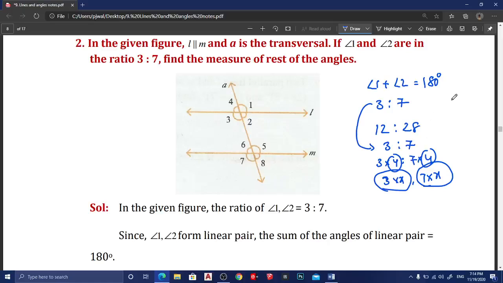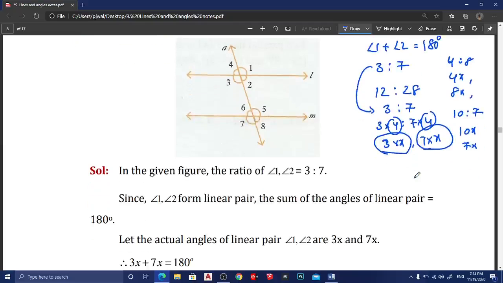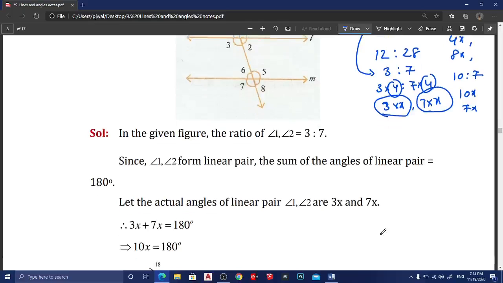For example, 4:8 is given in your problem, then you can write the actual angles as 4x comma 8x, like that. If 10:7 is given, you can write the actual angles as 10x comma 7x. So here you can write it as 3x comma 7x. So now let the actual angles of linear pair angle 1 and angle 2 are 3x and 7x, and you know that the sum of the linear pair is always equal to 180.